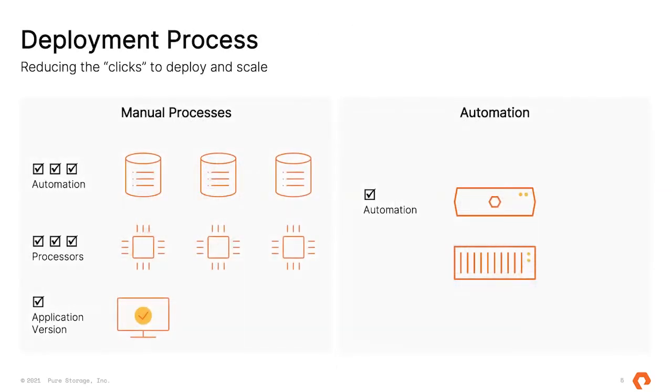So I mentioned before two key ideas, automation and disaggregation. The first one is straightforward, I think. Today, a lot of our customers struggle with manual processes to provision servers, select the right CPUs and memory, provision storage, connect all the applications, get them installed, choose the versions.